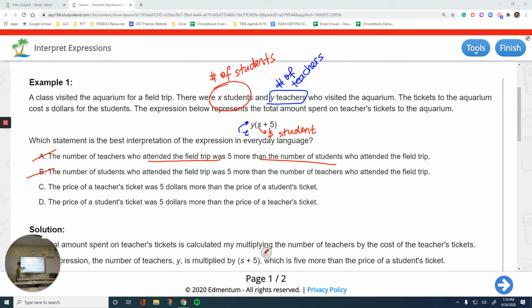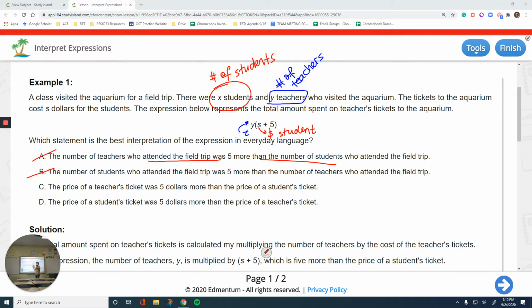The price of a student's ticket was $5 more than the price of a teacher's ticket. So in the real world, the one that makes the most sense is C, but we should make sure that what this says is the same as C. Just because it makes more sense than D in the real world doesn't mean the answer should be C. Get back to the question. It's talking about students' dollars.